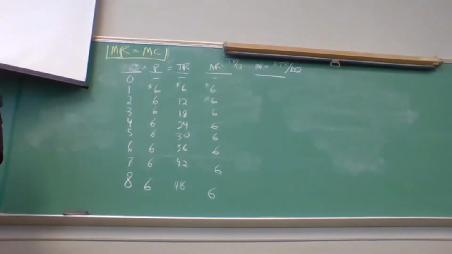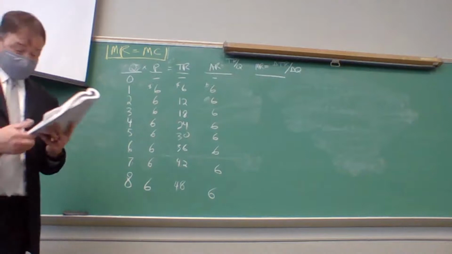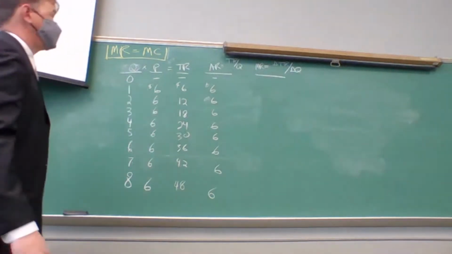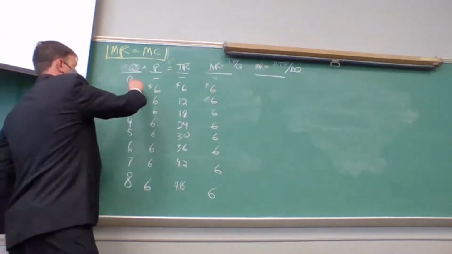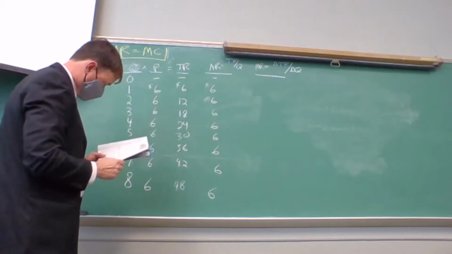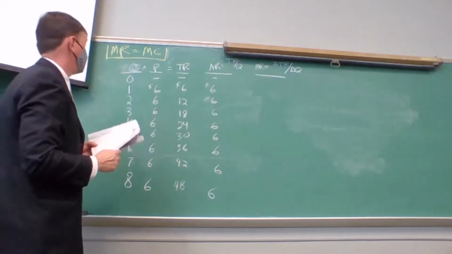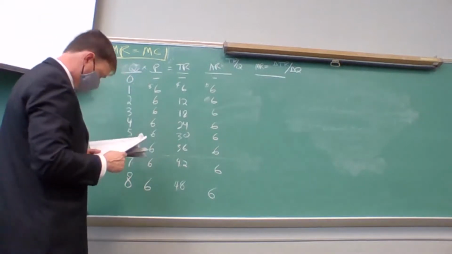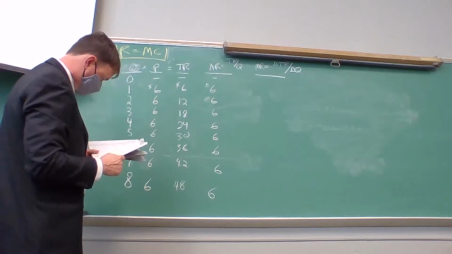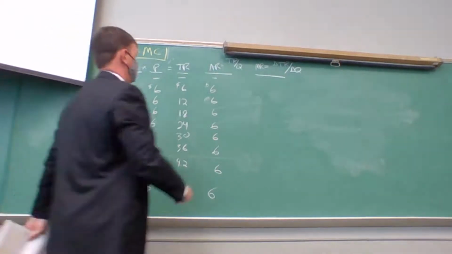Follow? Competitive markets actually make it pretty easy. A lot of things are the same thing as price, right? Now, marginal revenue. Marginal revenue is just, okay, I'm going from 0 to 1, or I'm going from 1 to 2. How much total revenue am I making? So my change in total revenue from going from 0 to 1 is what?